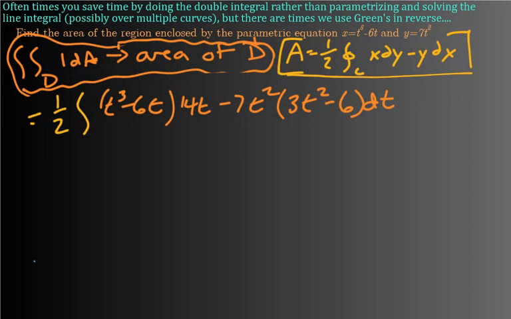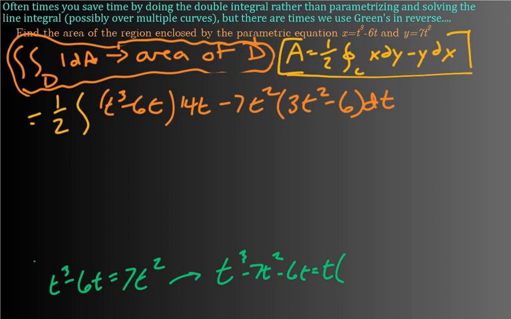So then the one thing you just have to figure out is the intersection of this, like what two-dimensional region are we finding the area of, right? So you also have to set t cubed minus 6t equal to 7t squared and solve, okay? So basically you're going to get this cubic, which does factor somewhat.